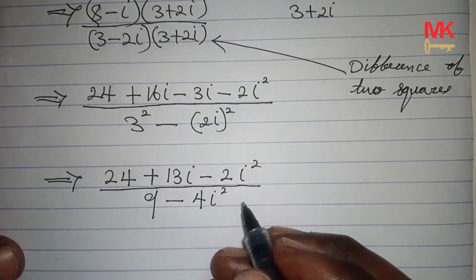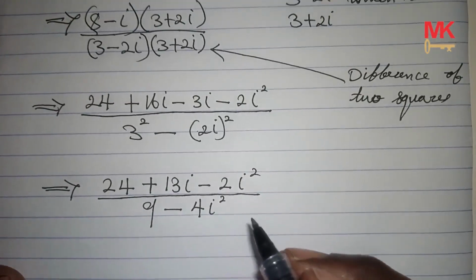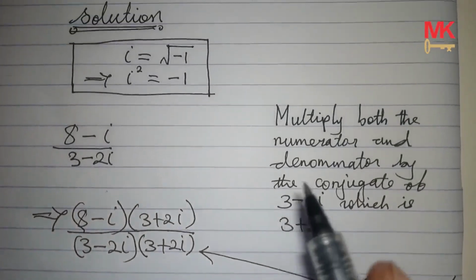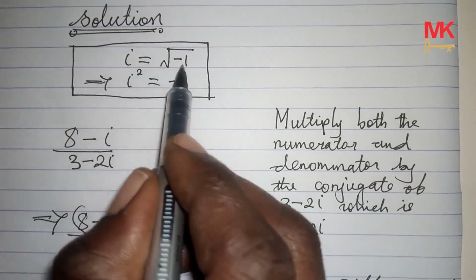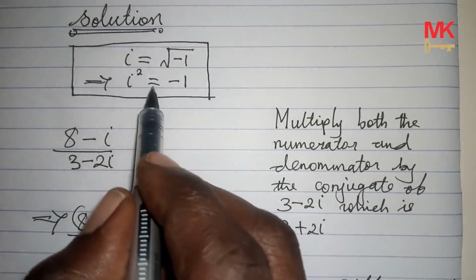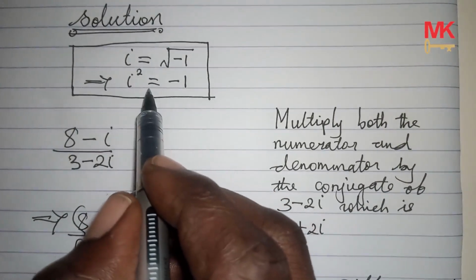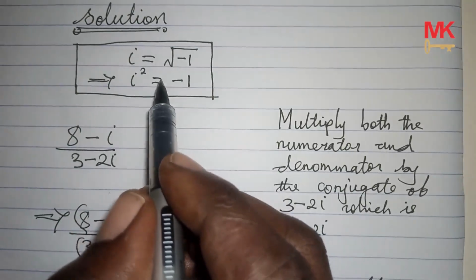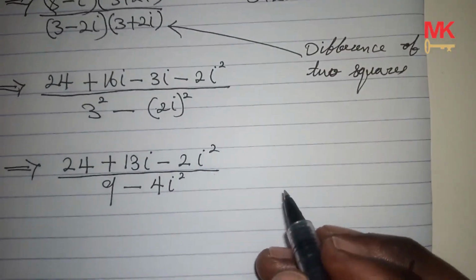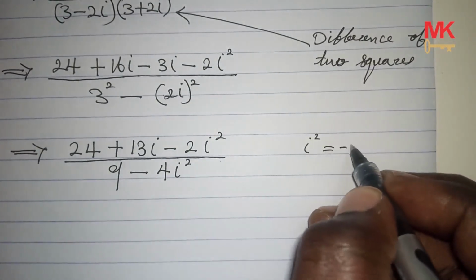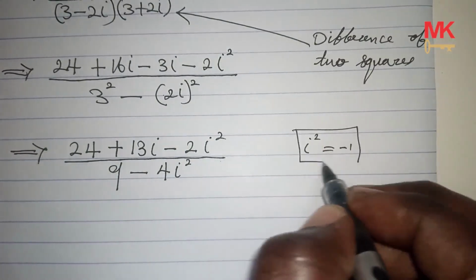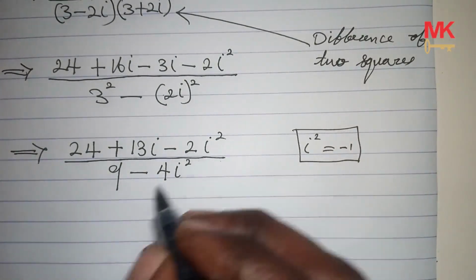Now let's recall from the beginning that i is equal to the square root of -1, or i squared equals -1. So we're going to replace i squared with -1. This is what we're going to substitute in here.